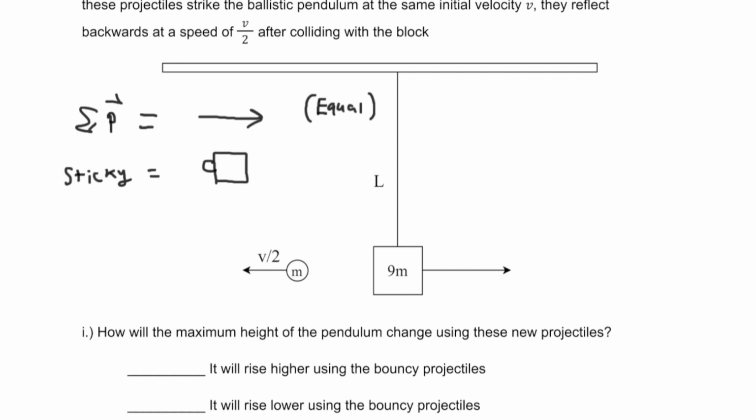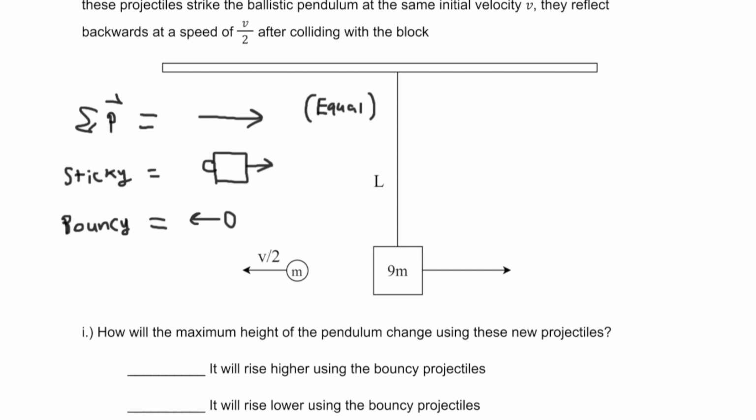So in the sticky case, all we have is a giant crate with the projectile stuck to it, and it's just got to get a little bit of momentum or velocity in that direction in order to get the momentum to be the same. So we just get all our momentum to the right from that one object. But in the bouncy case, we actually get one of our projectiles to bounce to the left.